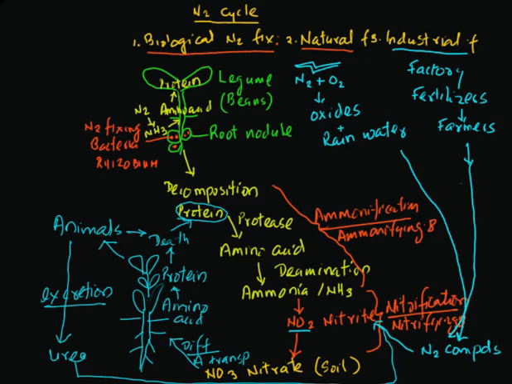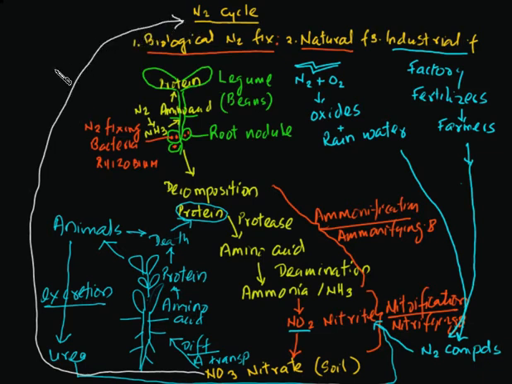The last step, which is the most important, is the completion of the cycle. These nitrate ions are converted back to free nitrogen by another set of bacteria. This is called denitrification, and the name of the bacteria is denitrifying bacteria.